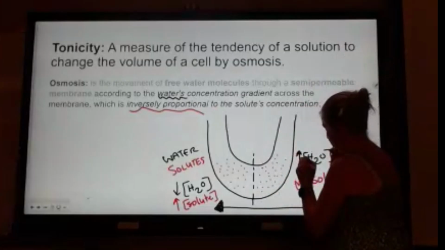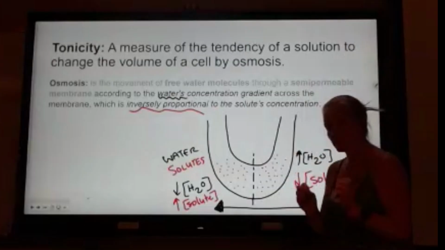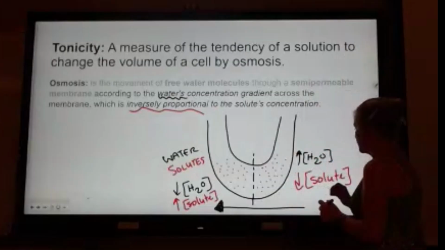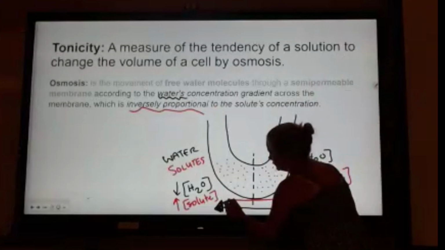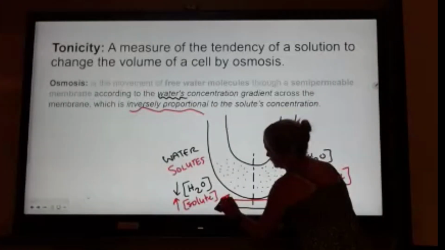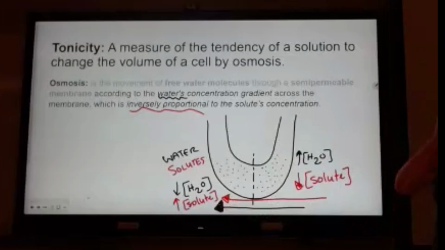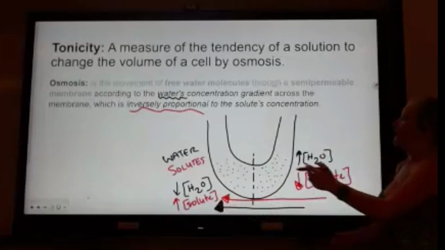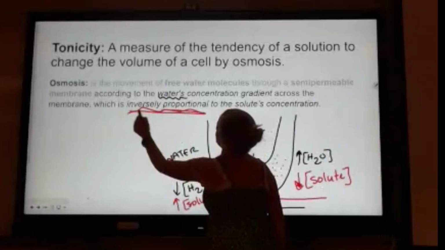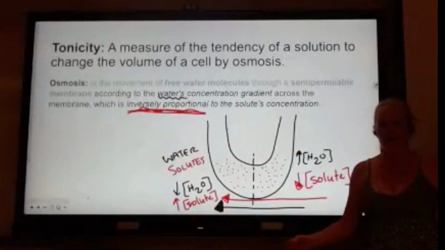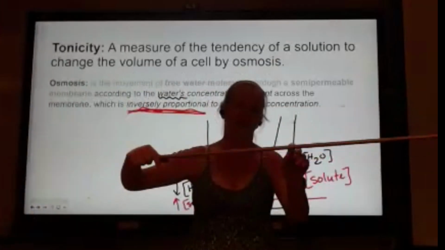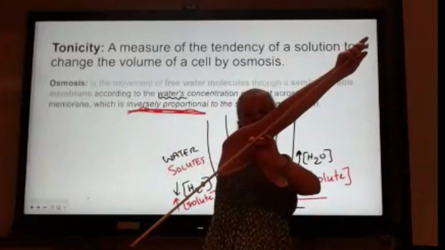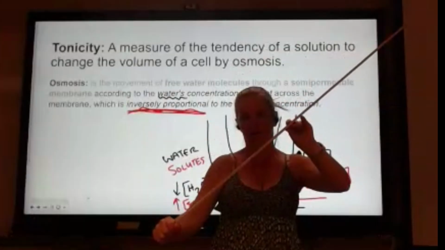So the net overall movement of the water molecules is going to go from the low concentration of the solutes to the high concentration of the solutes, which is like backwards from what we're usually thinking of, because we have to keep this inversely proportional idea in our brains. If I have a high concentration of water, I have a low concentration of solutes.